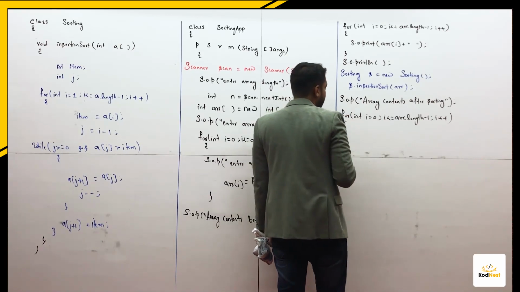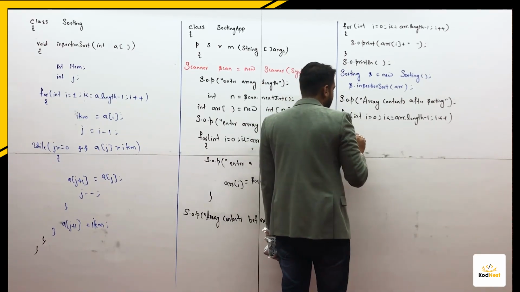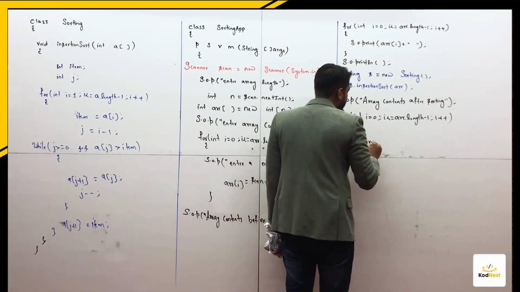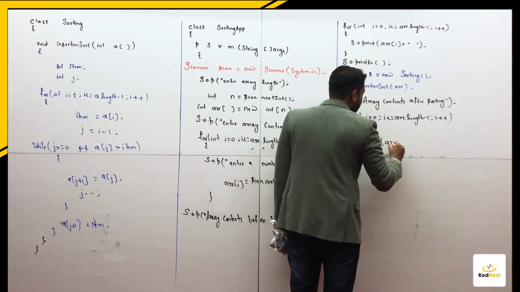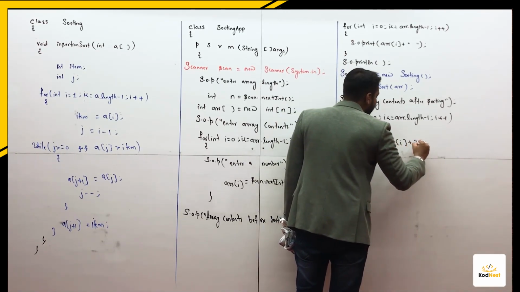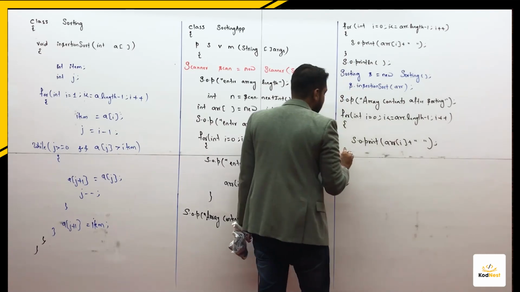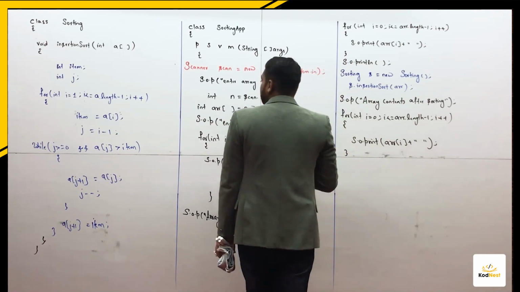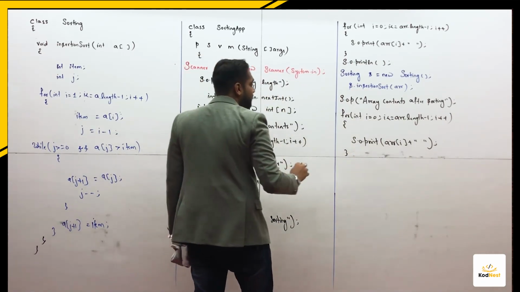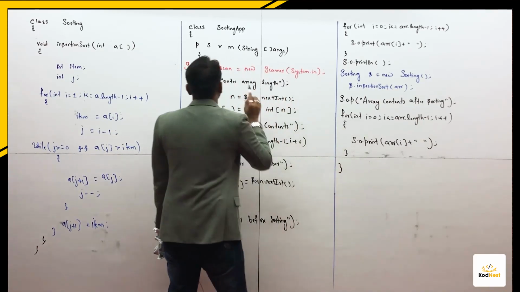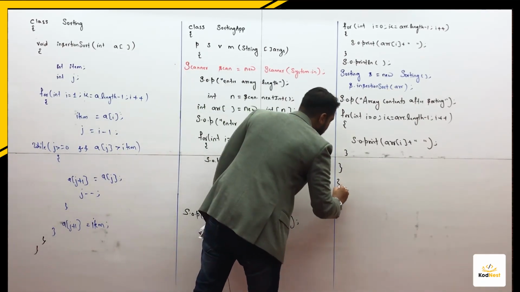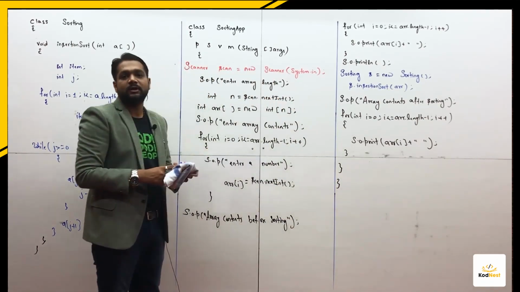Inside this I would tell, possibly, System.out.print. What to print? Whatever is there in array of i plus one space. This is the closing of the for, that is the opening of the main method, possibly closing of the main method, opening of the class called SortingApp, closing of the class called SortingApp.